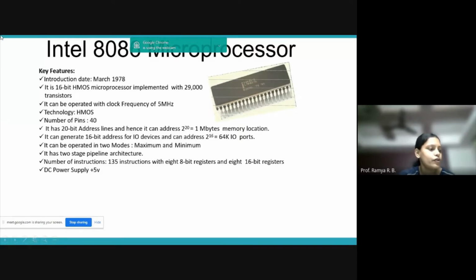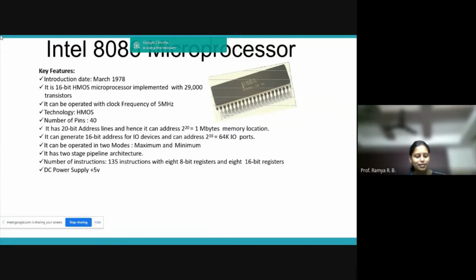Now moving on to the very first topic in your syllabus, which is features of 8086. 8086 was introduced in March 1978.